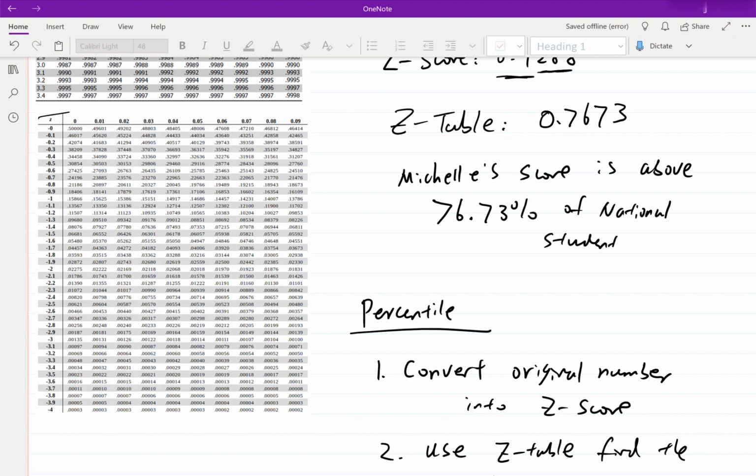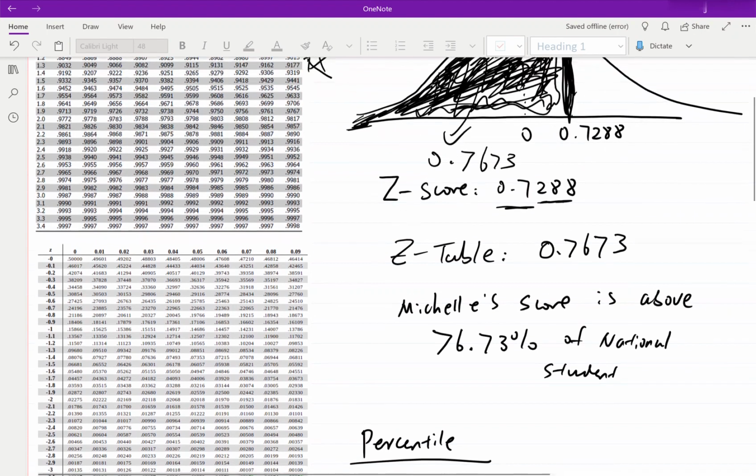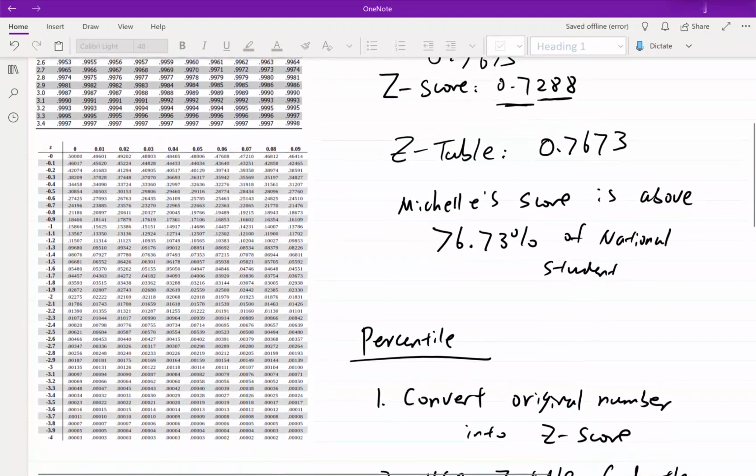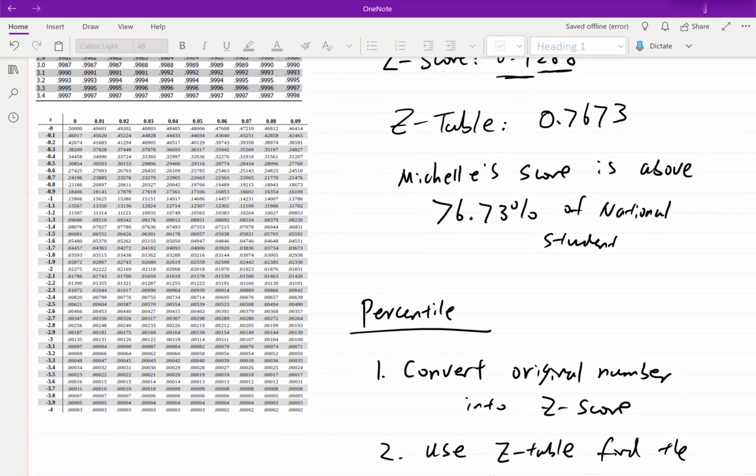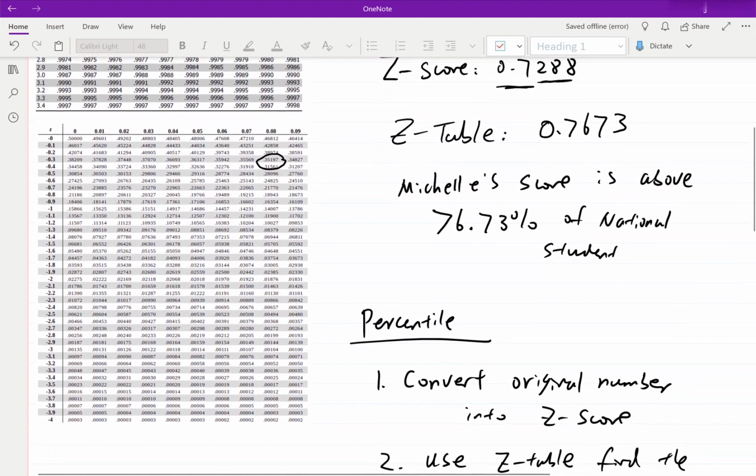For 0.35, we're likely to be looking at the negative table. Yes, we're looking at the negative table. And 0.35 is about here, 0.35197, and for 0.36, it's closer to this value here, 0.35942.